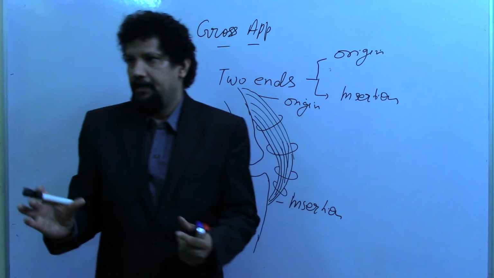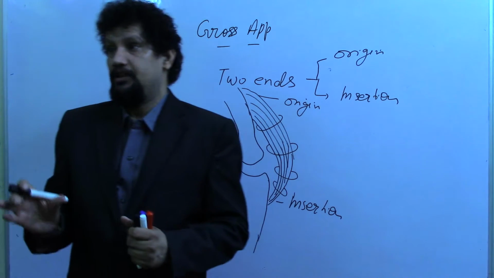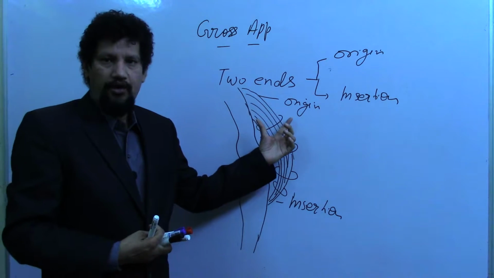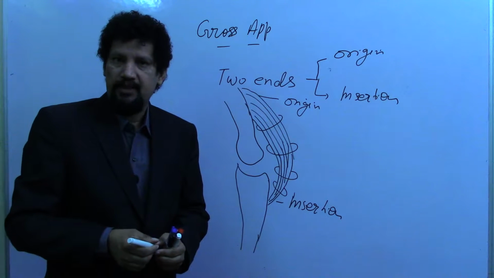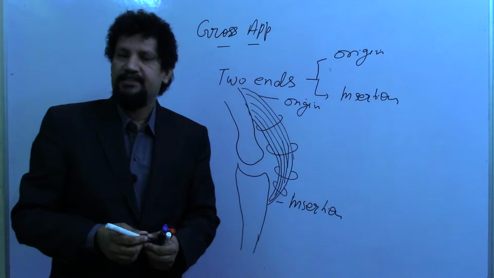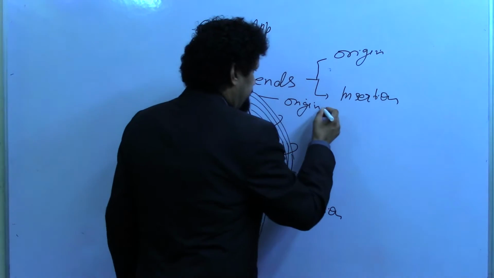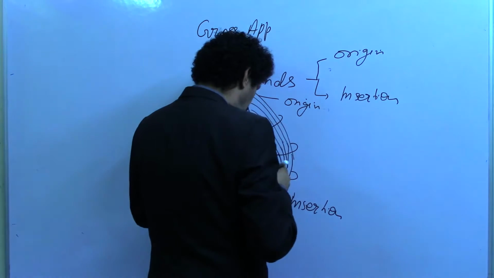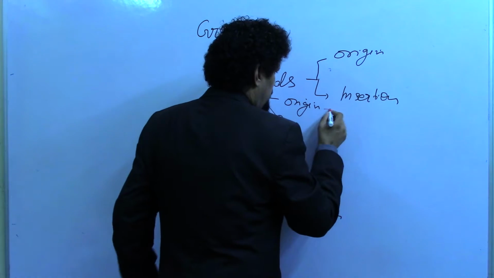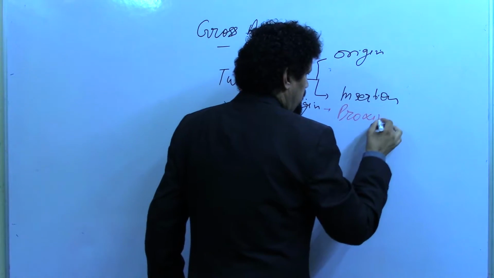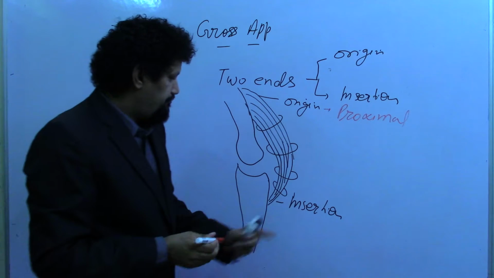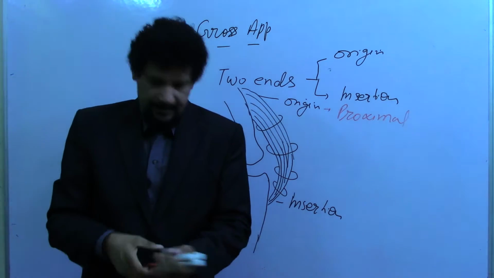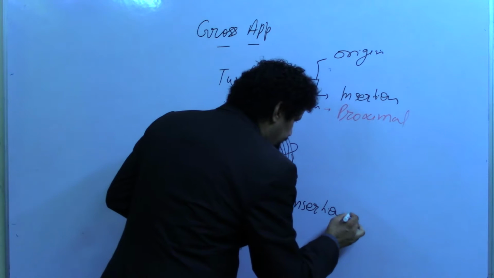But in modern anatomy, to avoid the controversies and the confusion, the name of origin is changed to the proximal end of the muscle, and the insertion is changed to the distal end of the muscle, or away from the midline.